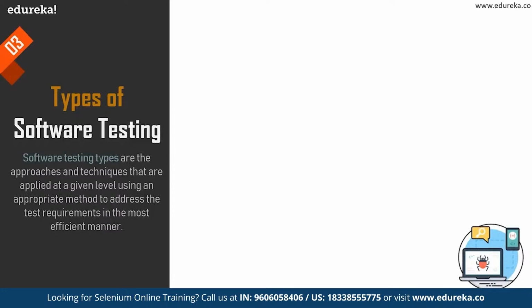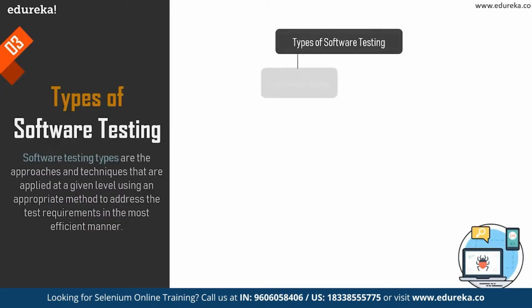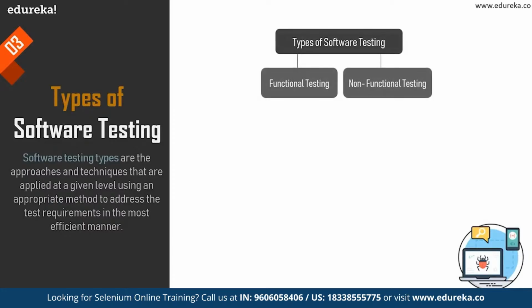Well, like I said earlier, the purpose of testing and the testing tool or the strategy that you use every time keeps changing depending on the requirements, right? And that we call different types of software testing. There are a variety of software testing types, and each of them serves a different purpose. So broadly, it's divided into functional testing and non-functional testing.